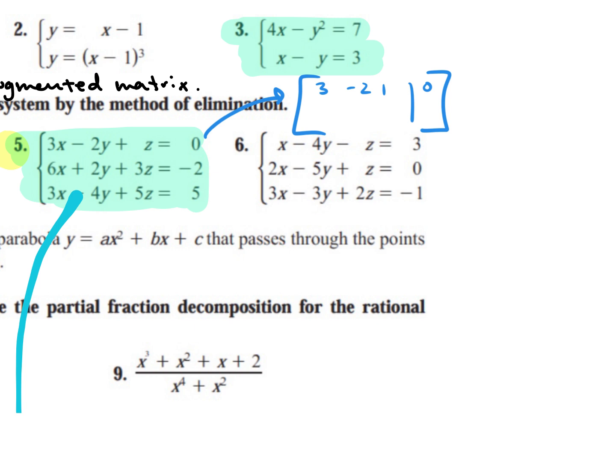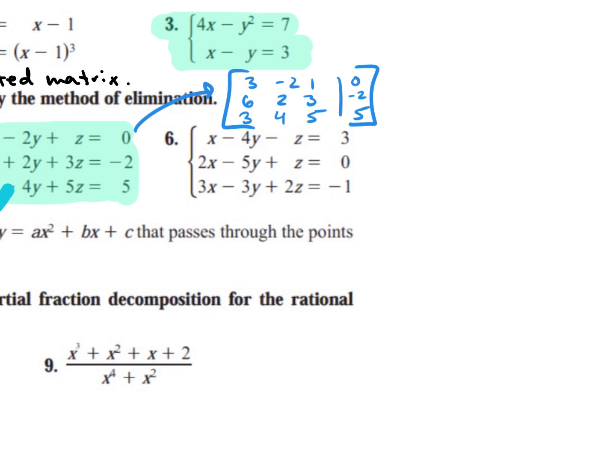The next row would be 6, 2, 3, and -2 is our answer, and then 3, I think this should be a plus, I can't tell because it's covered, but we'll call it +4, 5, 5. Remember when we write the size or the dimensions of our matrix, it is row by column.